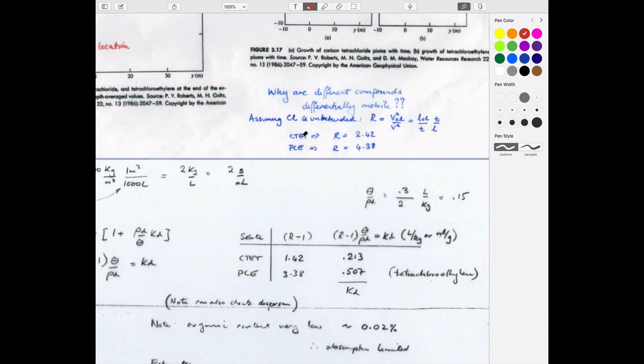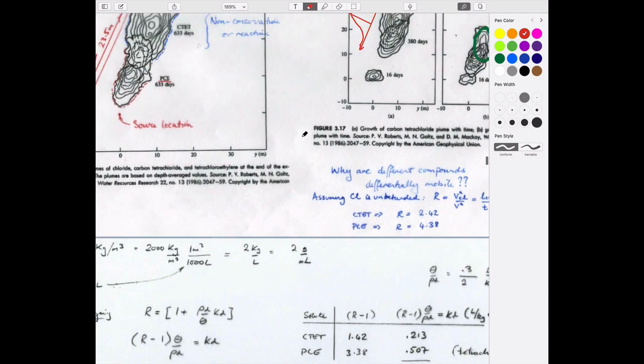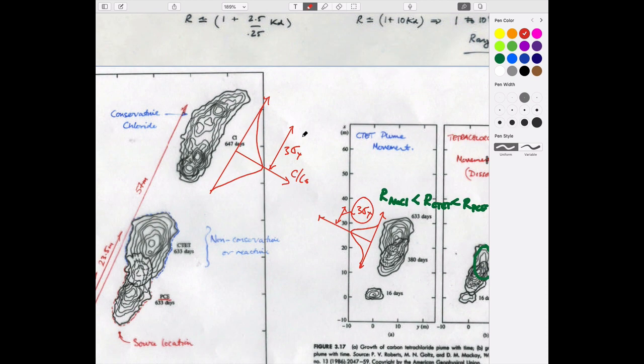And so we can go through a calculation. I won't bore you with it, but you can imagine that you can go through this calculation to say that 3 times the standard deviation is equal to 3 times, I think, the square root of 2 times the dispersion coefficient times time.